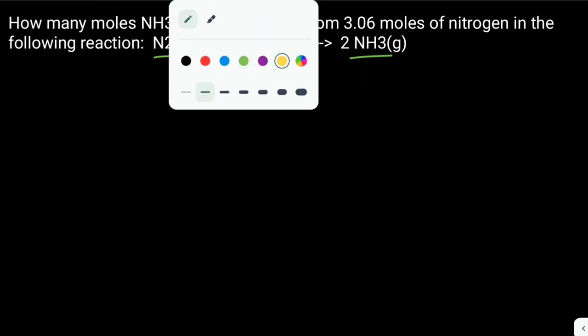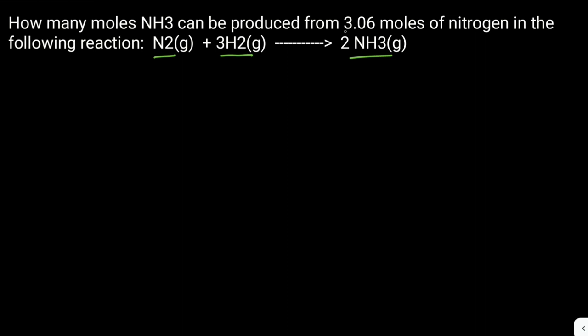Now we solve this problem. We start from the given value here, which is 3.06 moles nitrogen. And then we are asked for the number of moles of ammonia. All we have to do is multiply this by the mole ratio of nitrogen and ammonia.